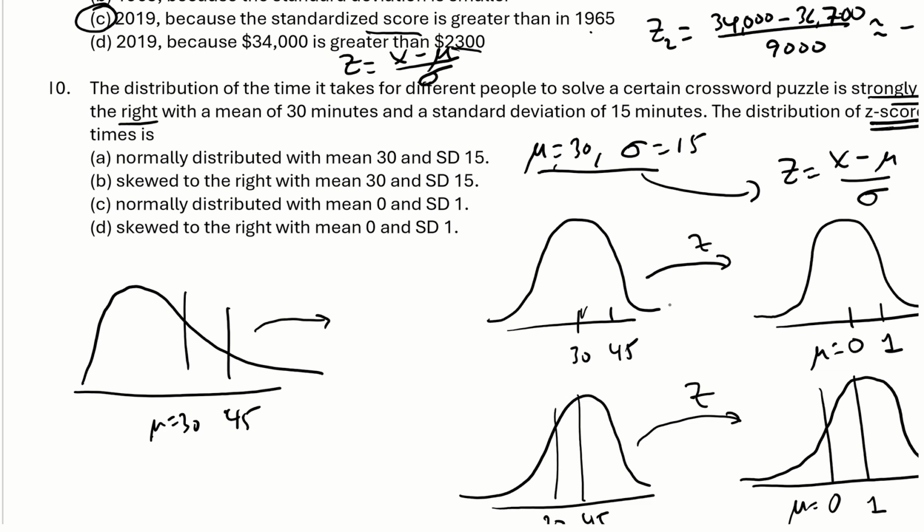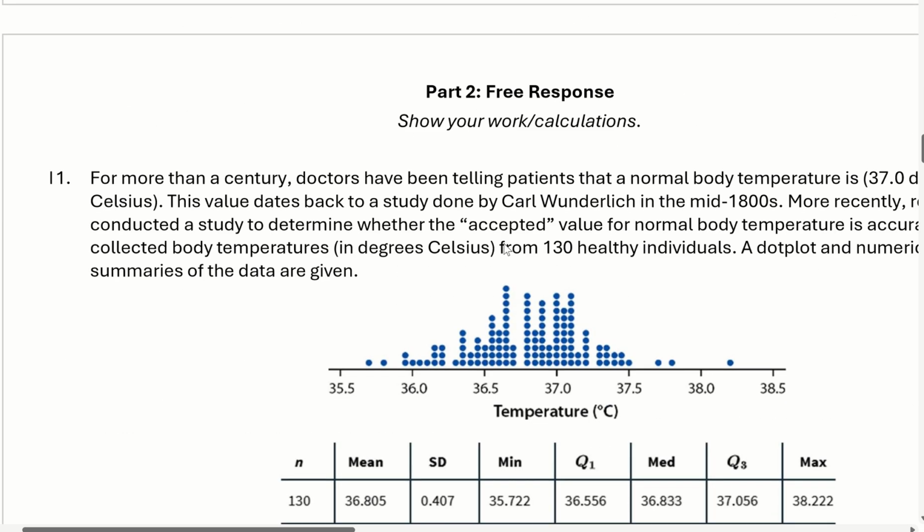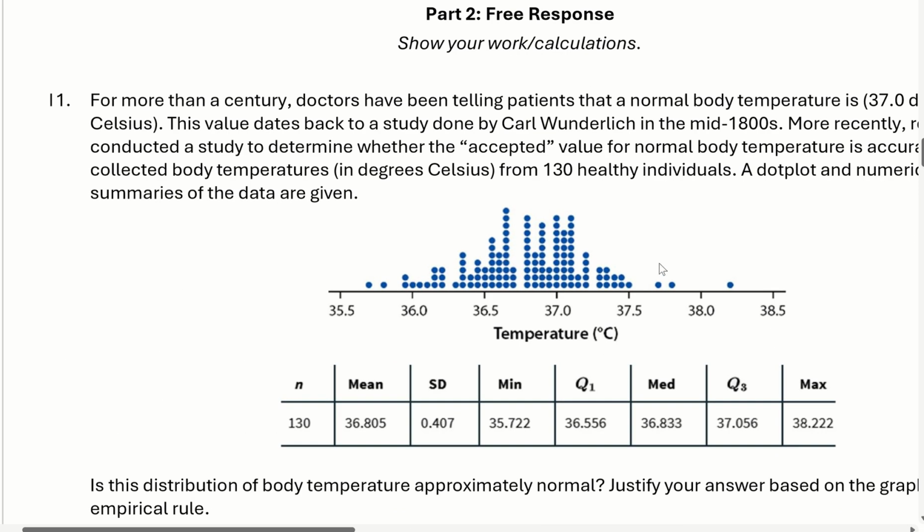Then when we convert this, it's still going to have the same shape, but the mean is going to be 0 and the standard deviation is going to be 1. That's the value 1 right here. So it's still going to be skewed to the right, but with a mean of 0 and standard deviation 1. You just got to understand that concept. Once you understand that, it's really easy. The shape stays the same, but the mean is going to be 0 and the standard deviation is going to be 1. And that's really all there is to it.